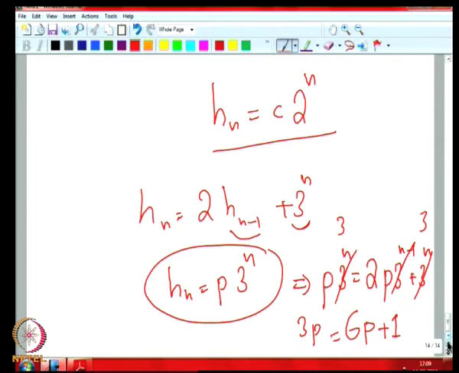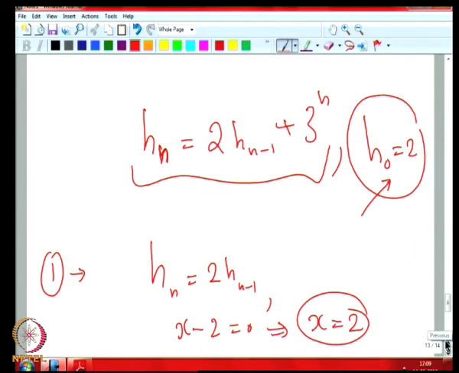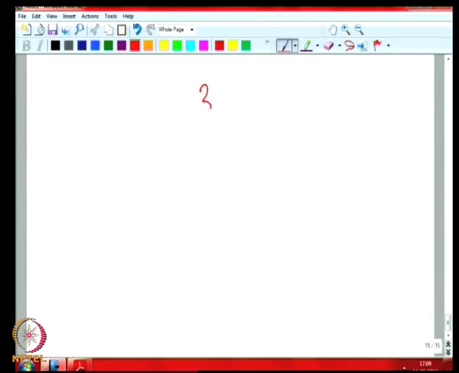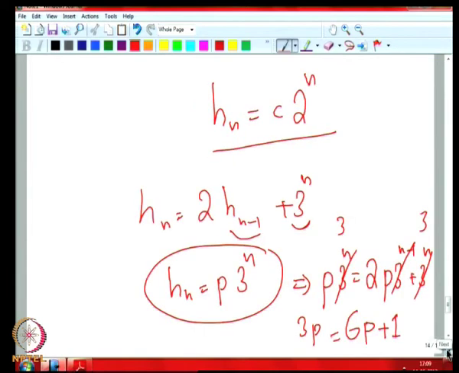So from this, what do we get? 3p plus 1 equal to 0 is what we are getting. So we get p equal to minus 1 by 3.